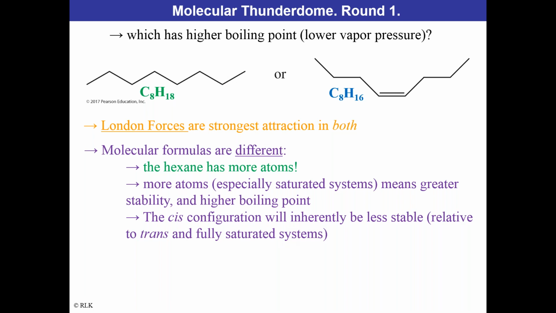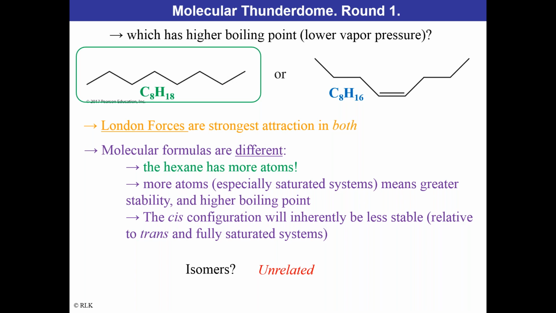So C8H18 versus C8H16, you know then that the higher boiling point will basically be the octane, right? And so, just like on the previous example where we had the difference there with like more spherical looking shape with the hexane difference, right?